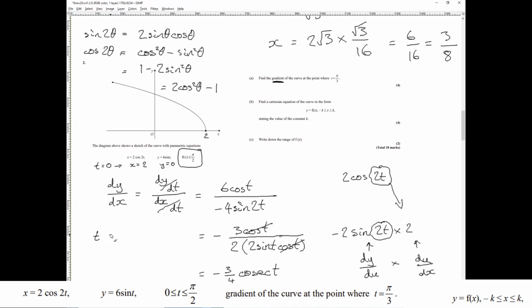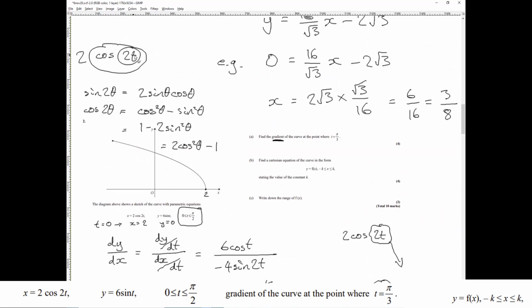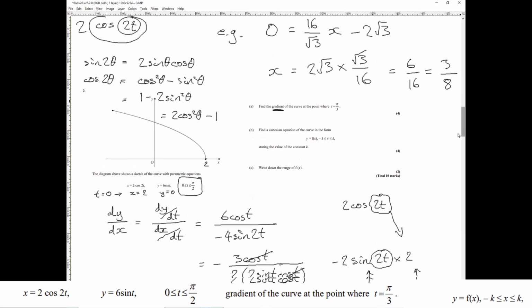And so then cos of 2t will be cos of pi. We're doing the same thing working outwards again, aren't we? From t, 2t, cos 2t, then 2 cos 2t.